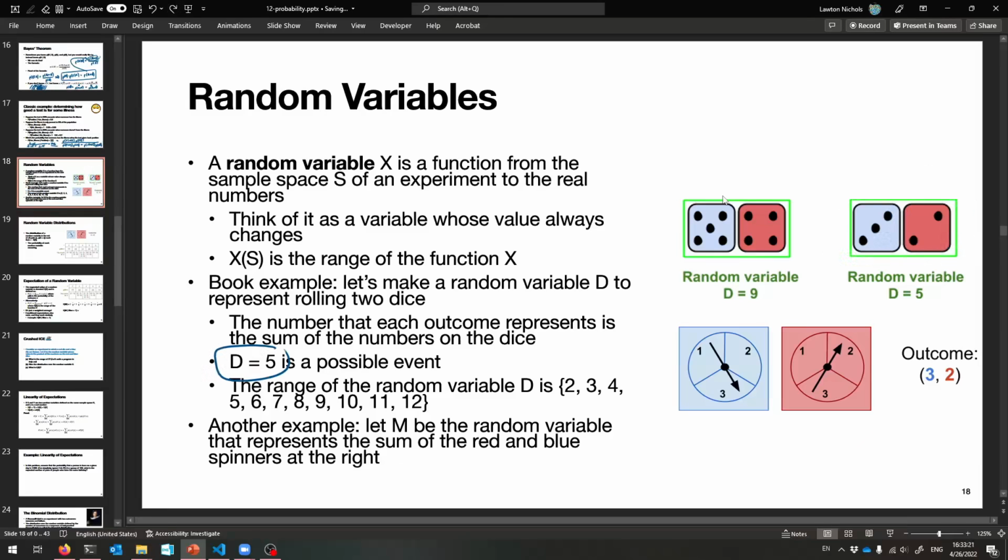So D equals 5, our random variable being 5, is possible because of what it's supposed to represent. It's supposed to represent an outcome of rolling 2 dice and getting their sum. It's always a number for a random variable, though. So that means the range of our random variable D is 2, 3, 4, 5, 6, 7, 8, 9, 10, 11, 12. Those are all the numbers that you could get by rolling 2 dice and adding them together.